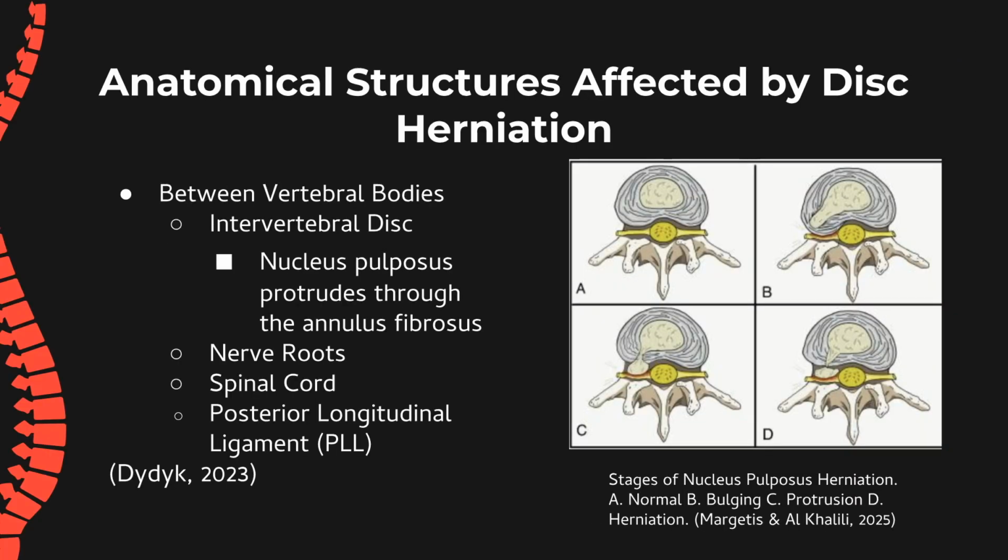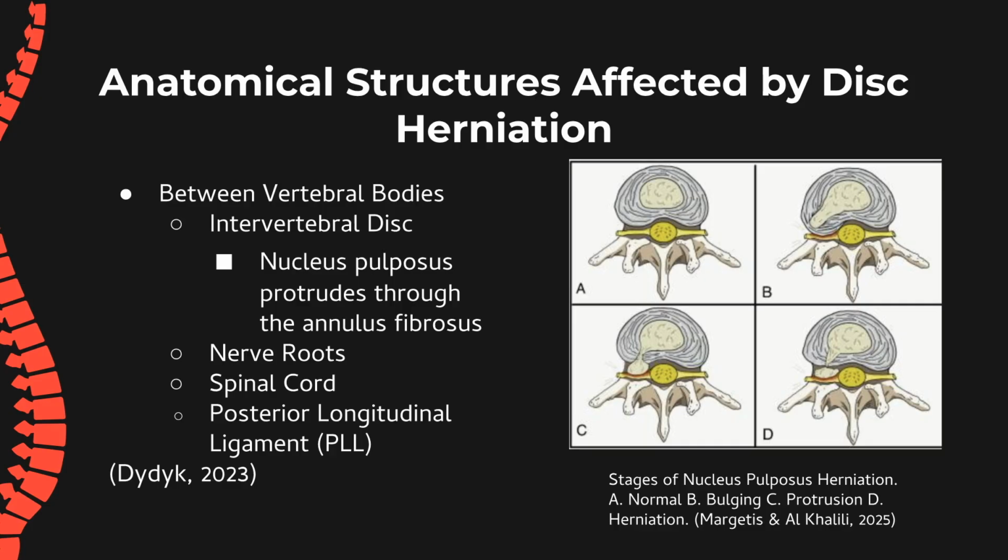spinal nerve. On this slide, we'll be discussing the anatomical structures affected by disc herniations. We're going to see structures between the vertebral bodies be affected, such as the intervertebral disc. This is where the protrusion or the herniation of the nucleus pulposus happens.